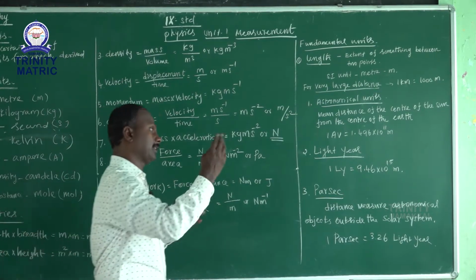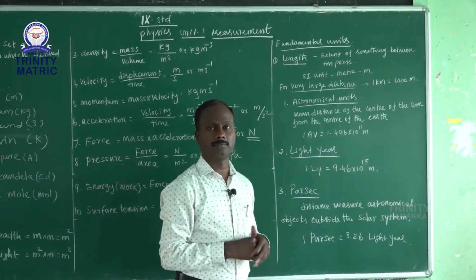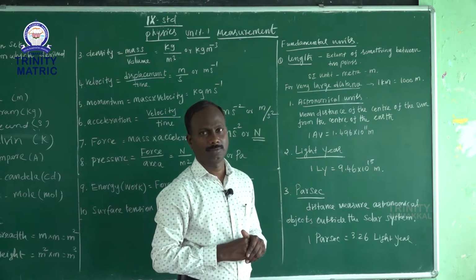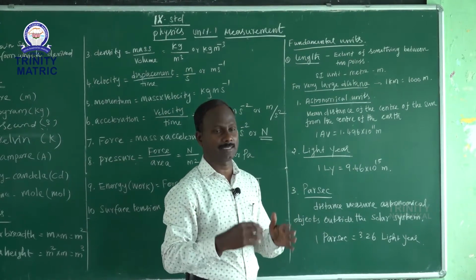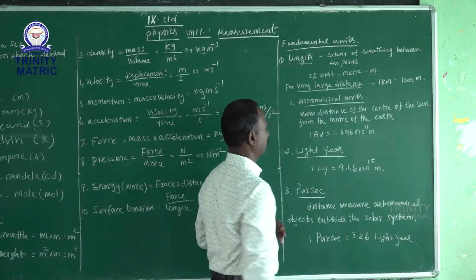Now, if you want to measure from earth to sun, or earth to moon, how will you measure? You use different methods of measuring distance. First, the astronomical unit.